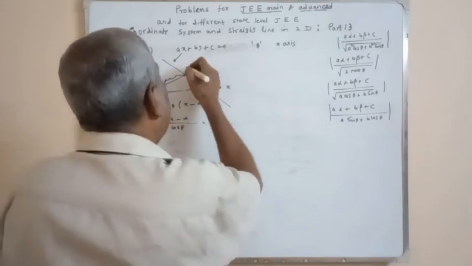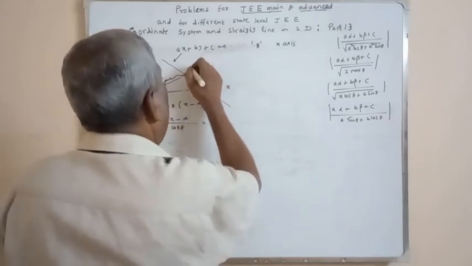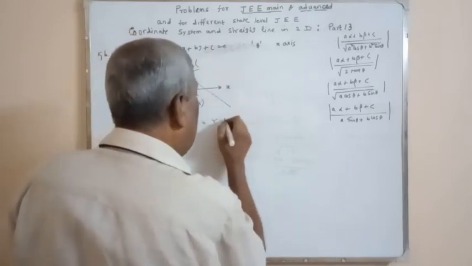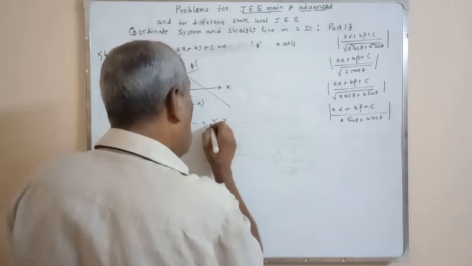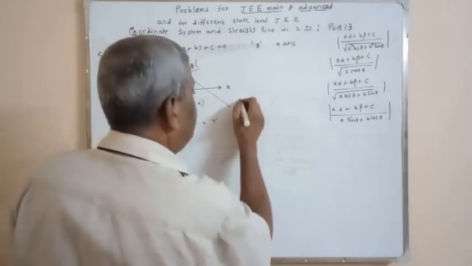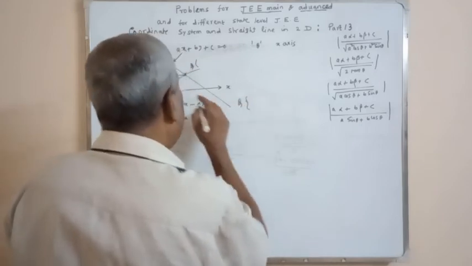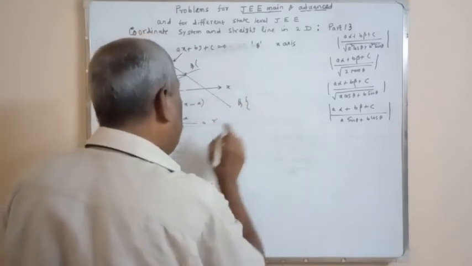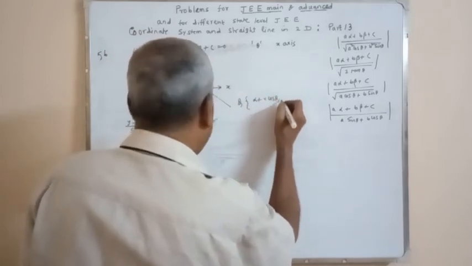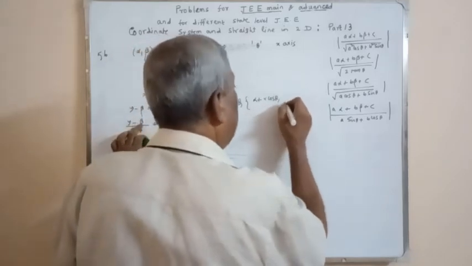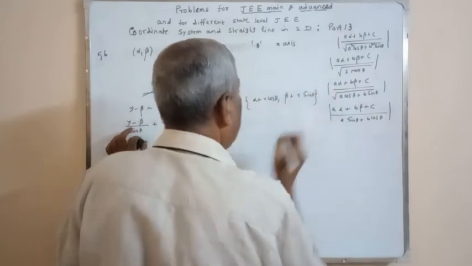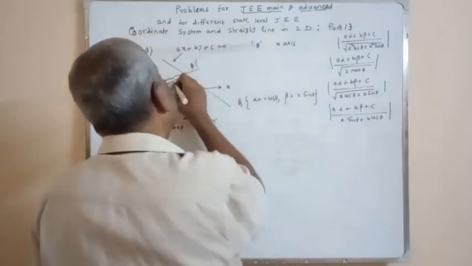So the coordinate of that point, say it is point Q, is x coordinate alpha plus r cos theta, comma, y coordinate beta plus r sin theta, where r is that distance.